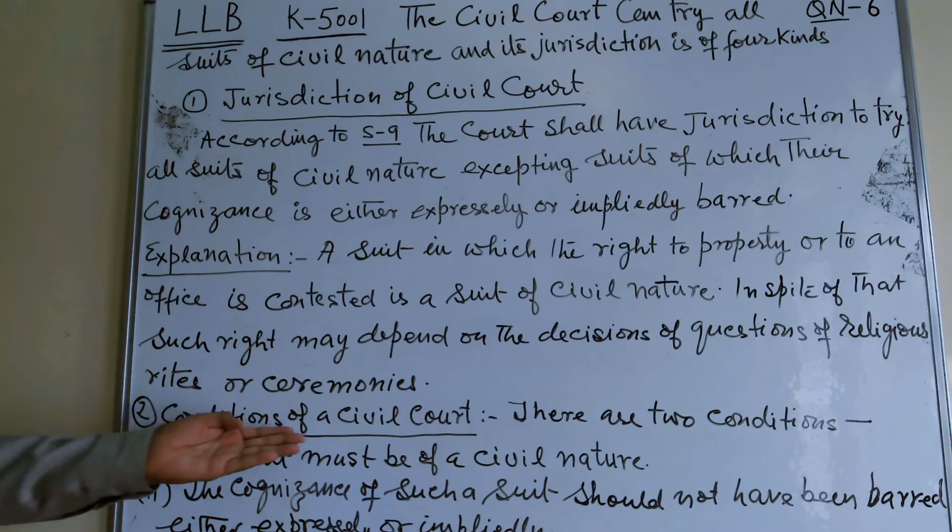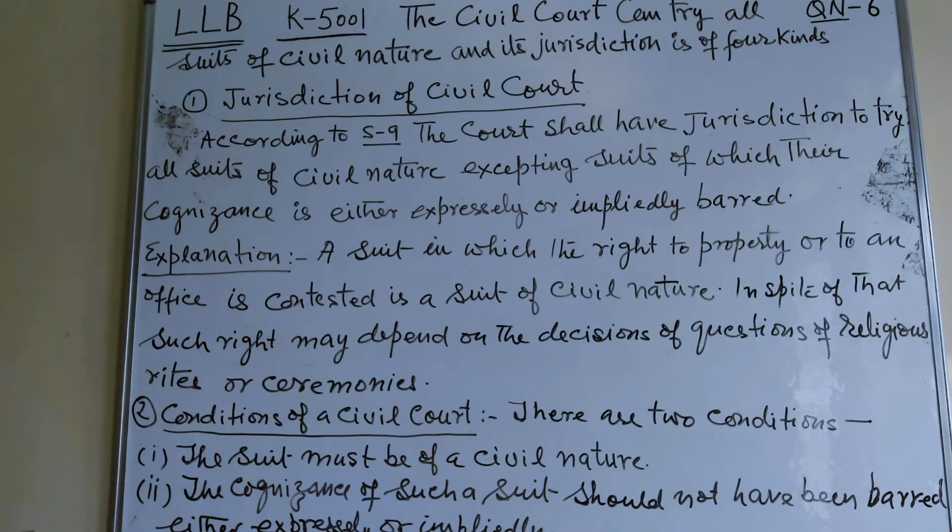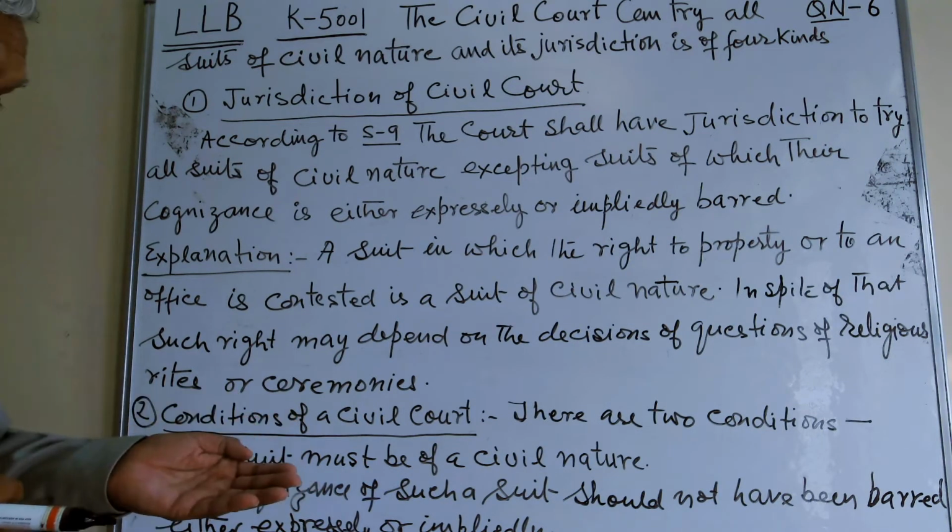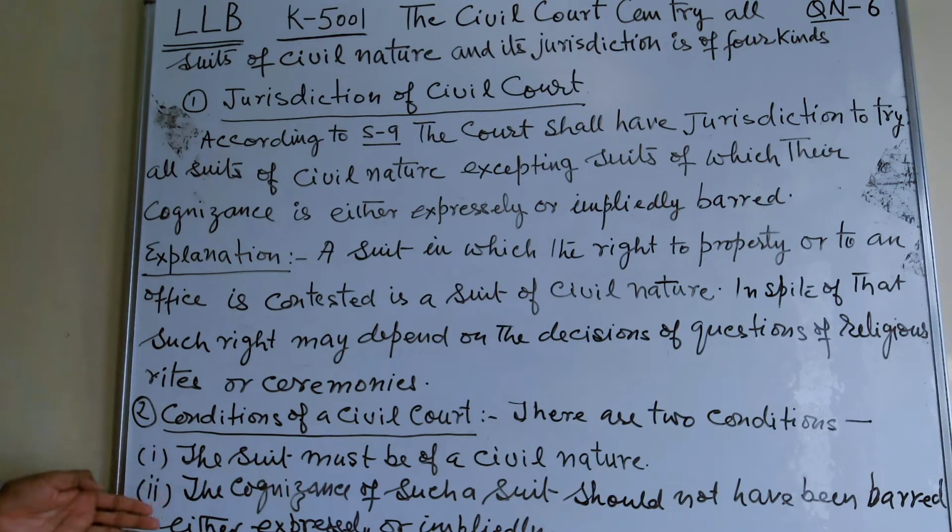Second, conditions of a civil court. What are the conditions of civil court? When we file a case in the civil court, we have to see these two conditions. If our case comes under these two conditions, then the civil court will take the case, otherwise not.